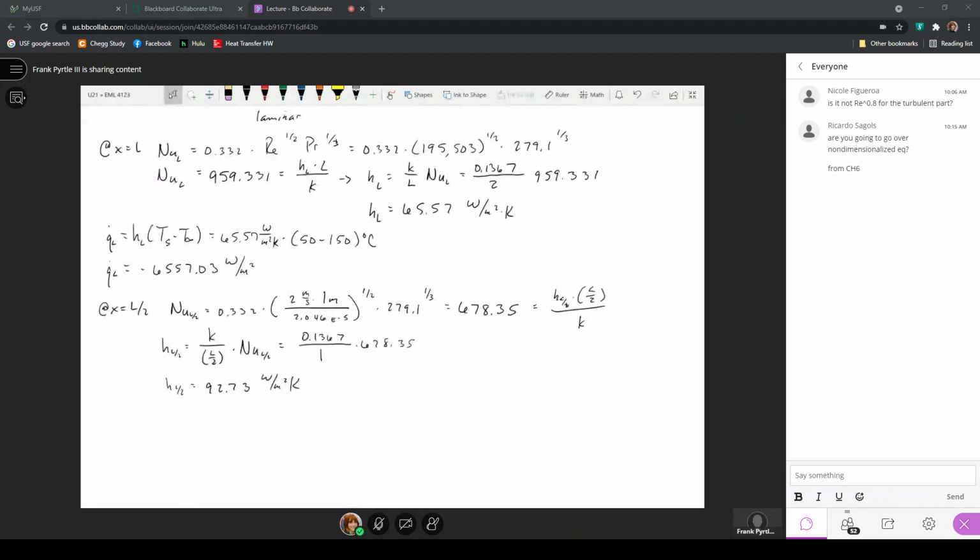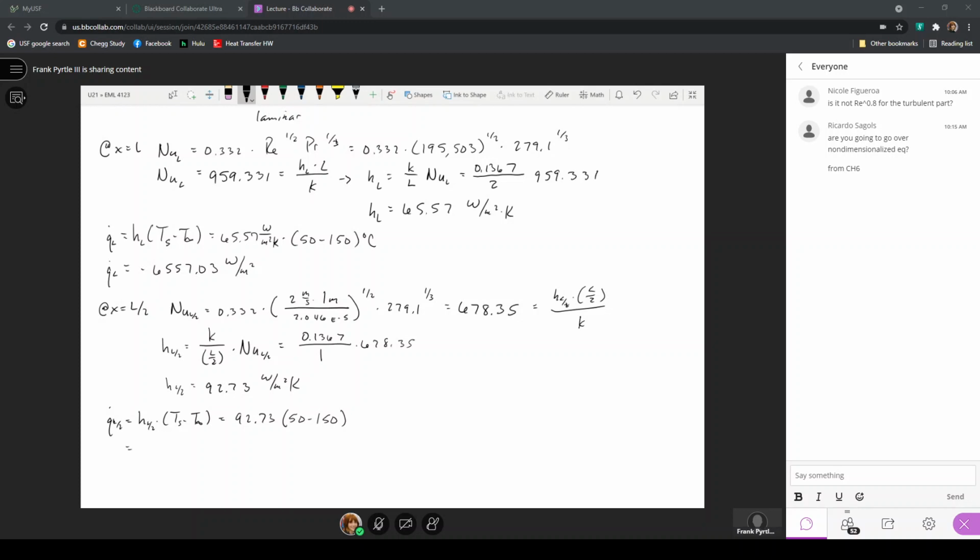So here, the heat flux at L over 2 then is just the heat transfer coefficient at L over 2 times Ts minus T infinity. So this is 92.73 watts per meter squared Kelvin times 50 minus 150.